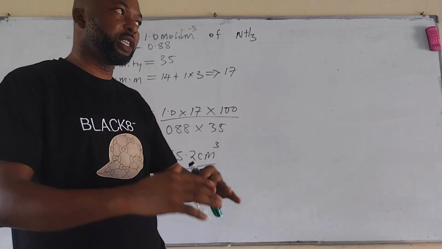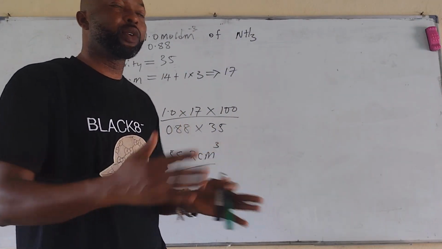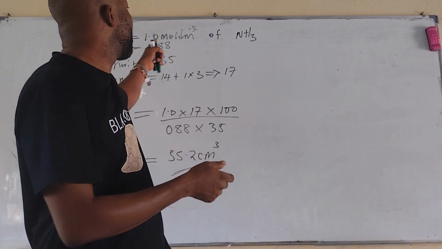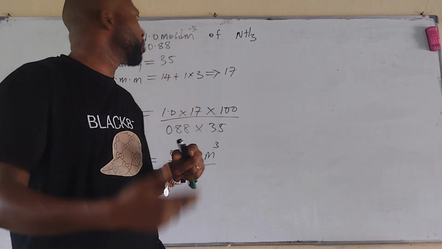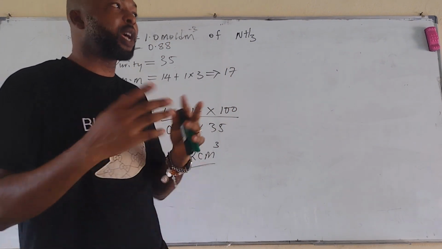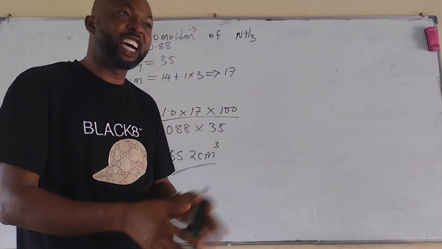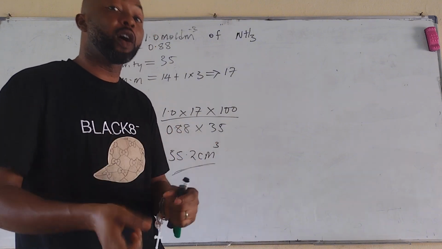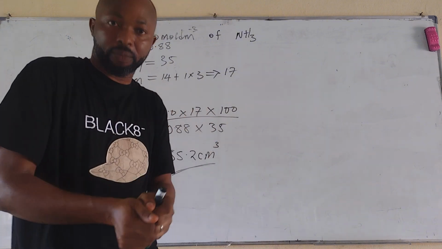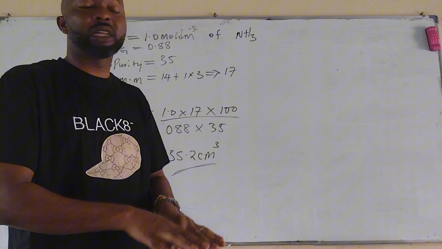So we're going to take this in a separate class of its own. But remember, that has to do with the mass concentration equals the molar concentration, which is 1.0, times the relative molecular mass of that particular compound which you're going to be dealing with. Whatever you get there becomes a mass concentration of that base or that solid substance, which is also in its concentrated form. So when we do that, we dissolve it in 1000, which is now diluted.